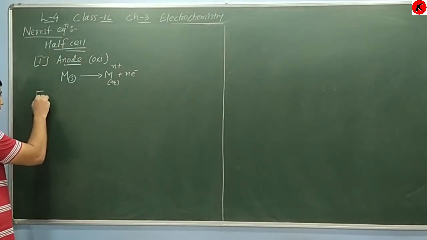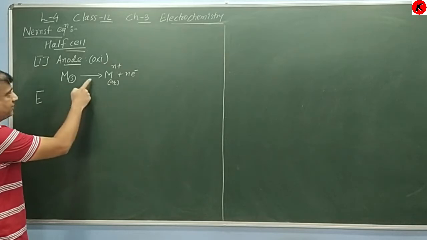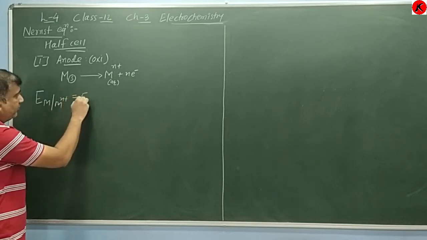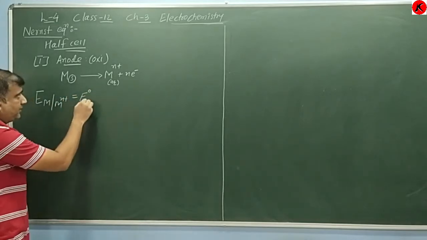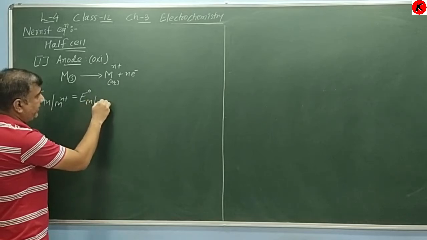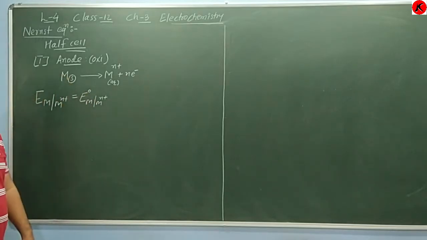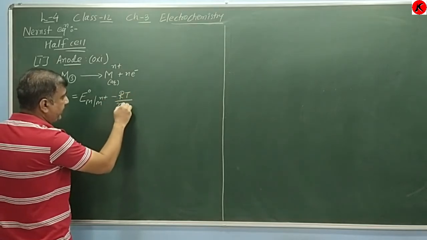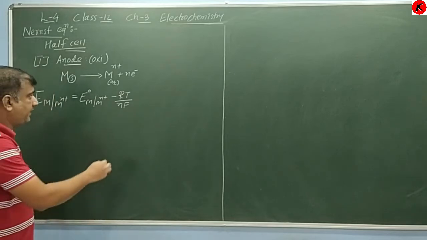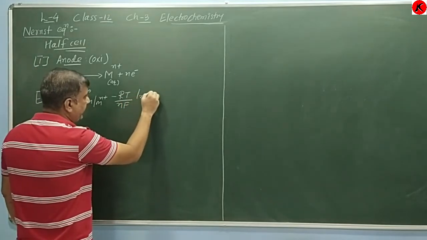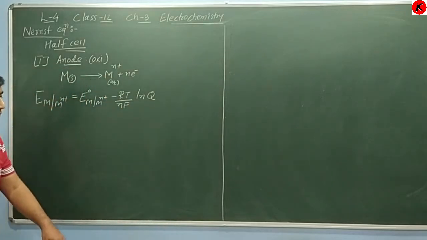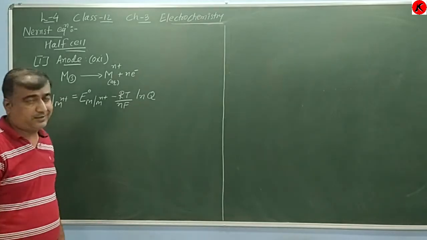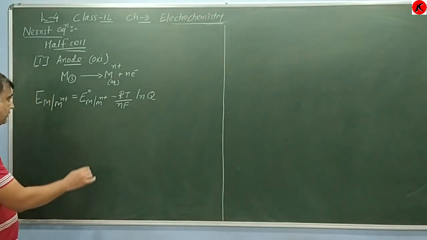Then how to write the Nernst equation? The half cell potential for M converted to Mn+ equals the standard potential E naught Mn+ minus RT by nF ln Q. Here Q is the reaction quotient, that means concentration of product divided by concentration of reactant.